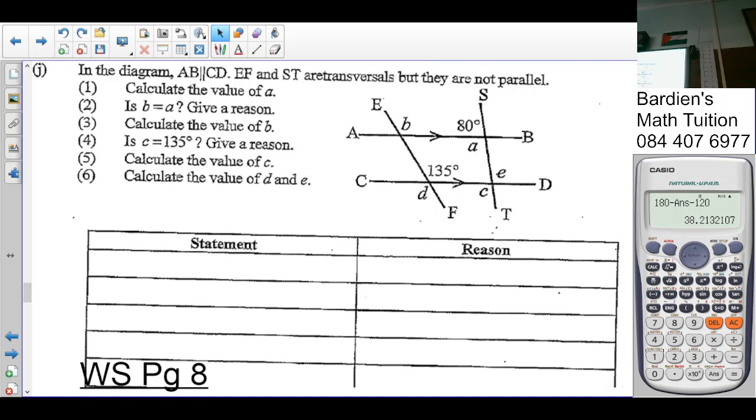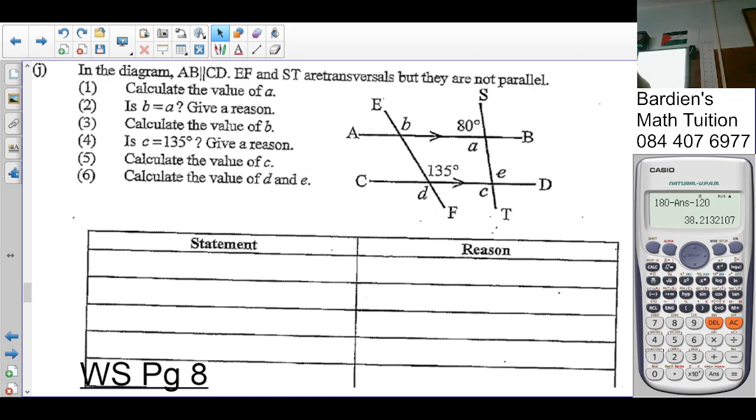So let's answer this together quickly so we can start our next theorem. In the diagram AB is parallel to CD. So only one set of parallel line. EF and ST are two transversals. Two transversals are lines that intersect or are drawn across parallel lines. Okay, it's basically a straight line. A transversal is a straight line which is cutting through parallel lines. But they are not parallel.